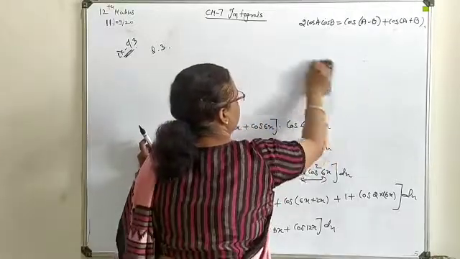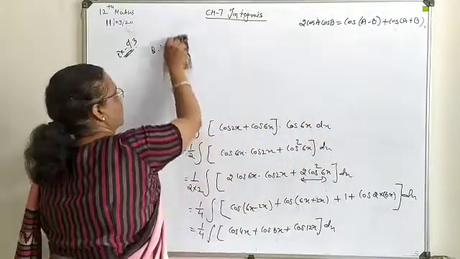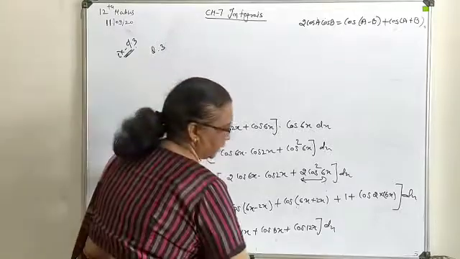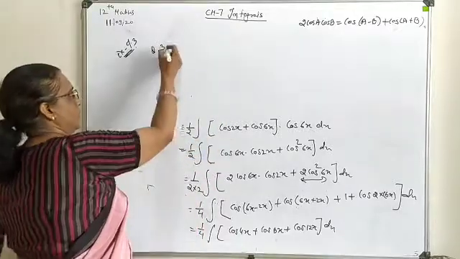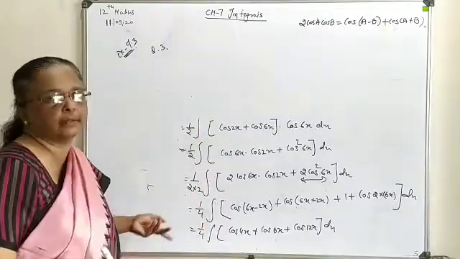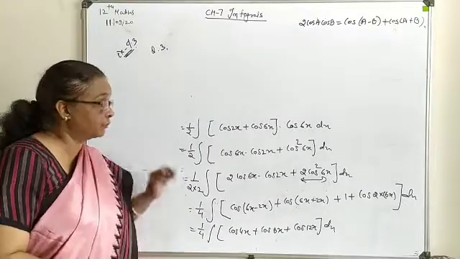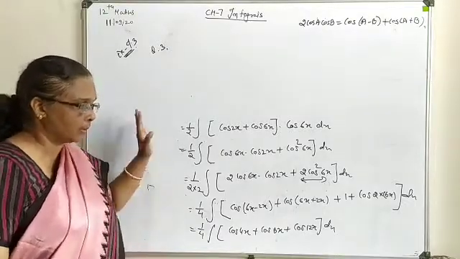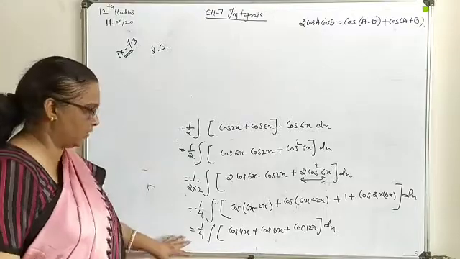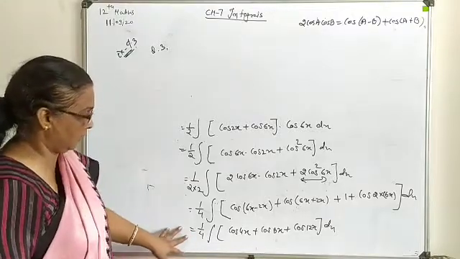Such combinations may be available in terms of sine and cos in a combined form. As per the question, you will implement the respective formula, but handling of the question will be in the same manner. So let us integrate here.